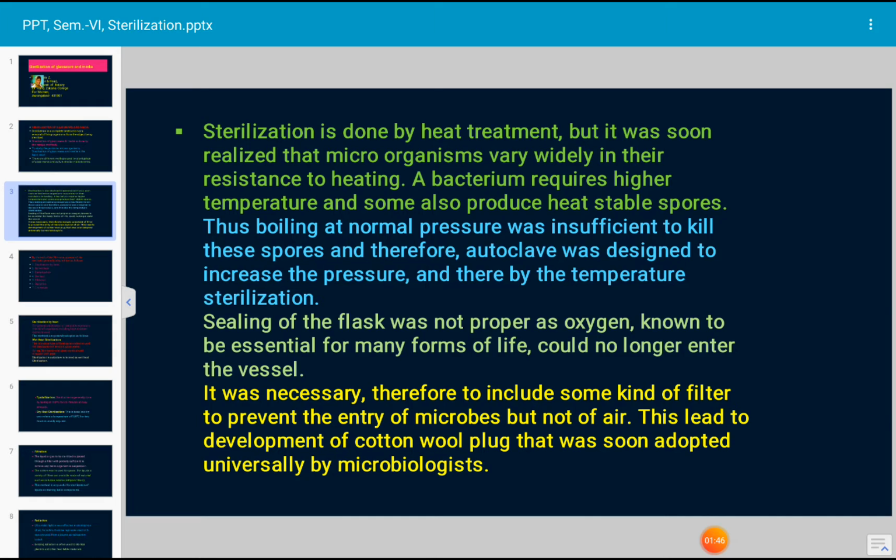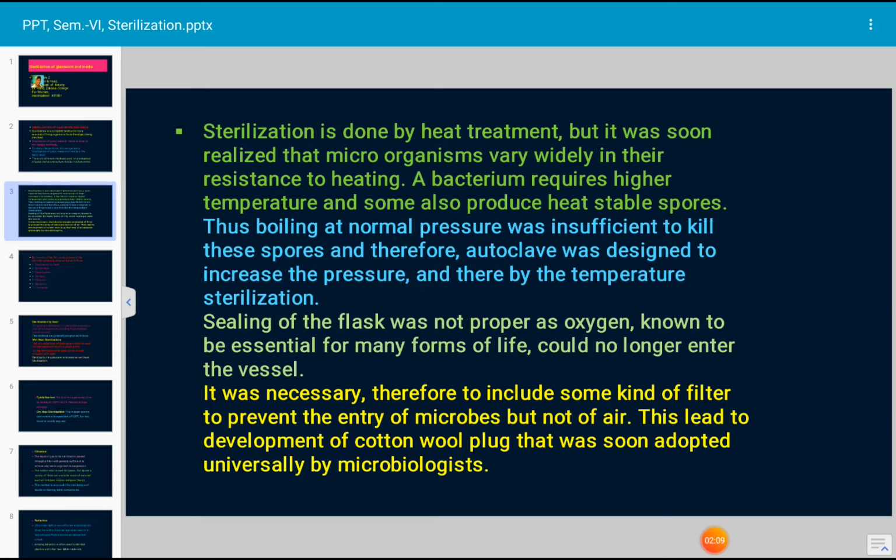Sealing of the flask was not proper, as oxygen, known to be essential for many forms of life, could no longer enter the vessel. It was necessary therefore to include some kind of filter to prevent the entry of microorganisms but not of air.